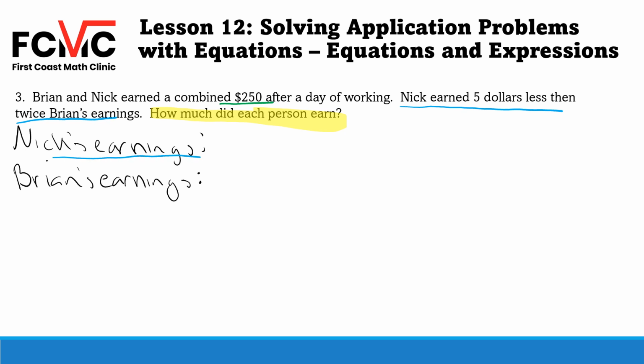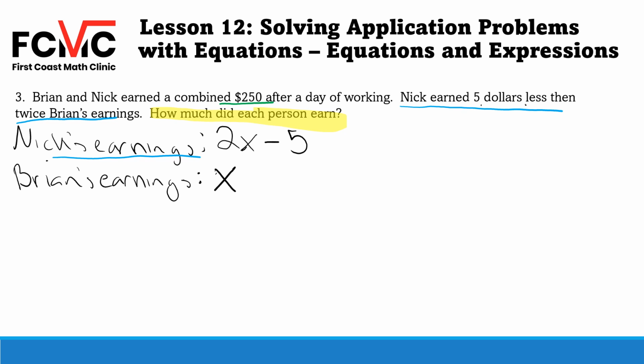So if we say Brian's earnings are just X, then Nick earned 5 less than 2 times whatever Brian earned. So we can write 2X minus 5, and that's going to be Nick's earnings. So we'll double Brian's earnings, 2X, and then subtract 5.